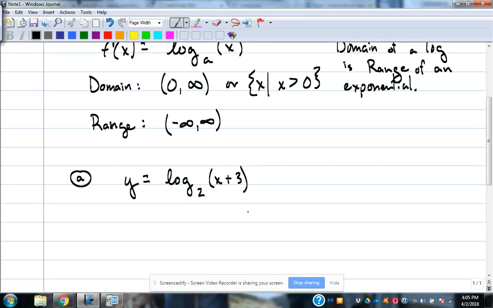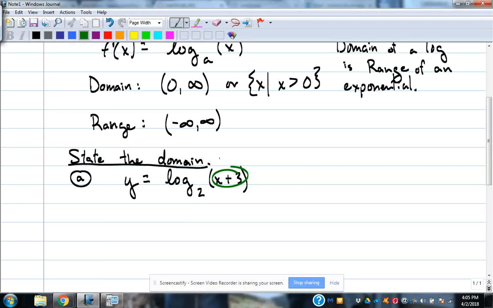All right. So if we're going to state the domain, what kind of numbers can we take the log of? Positive only. So we need to know when is x plus 3 positive.